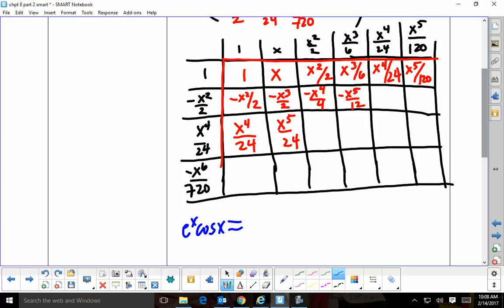We're going to get our first non-zero term with all of our constants. So the first term is 1. Then we're going to get our degrees of 1. Well, x is the only one. So far so good. I've got 2 non-zero terms. Then I'm going to get all my powers of 2.